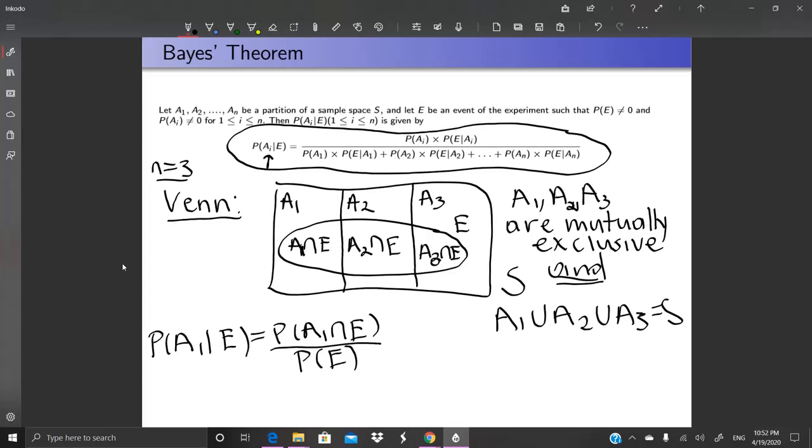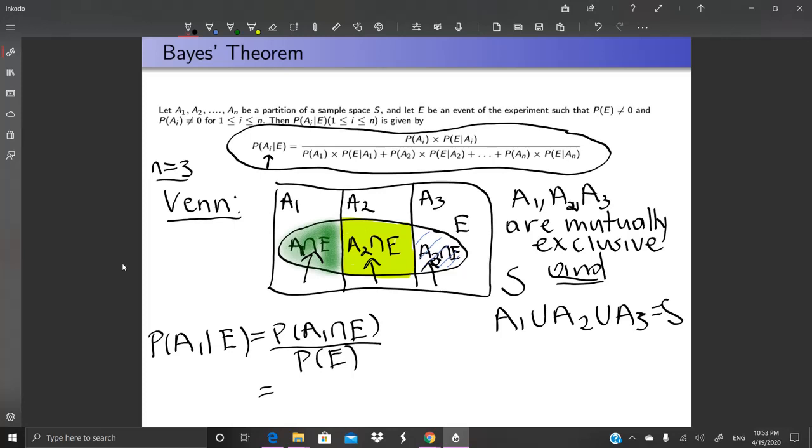Let's talk about what the probability of E is. Look at this over here. E would be this piece over here plus this piece over here, which are all contained inside E, and then finally the last piece over here. So if I'm looking for the probability of E, it's really taking the probability of this plus this plus this.